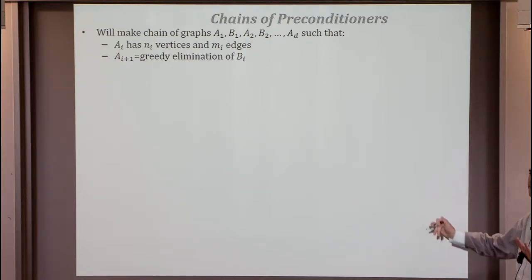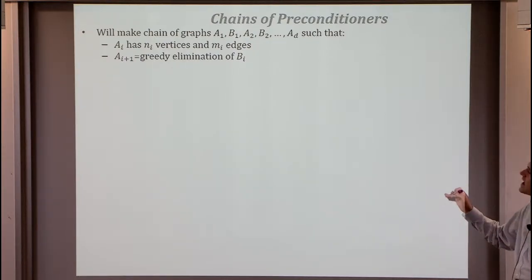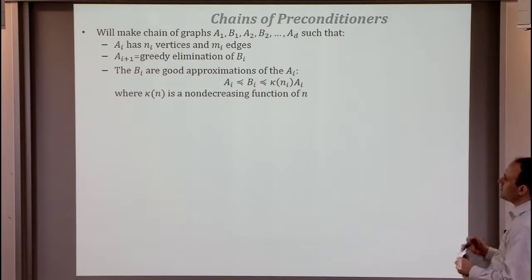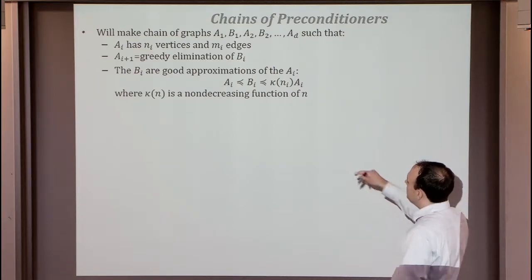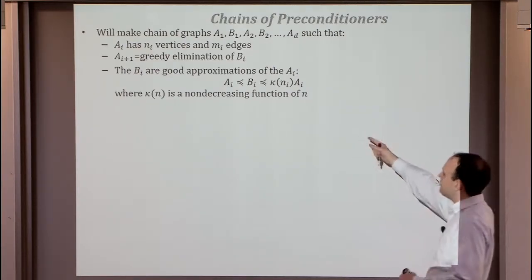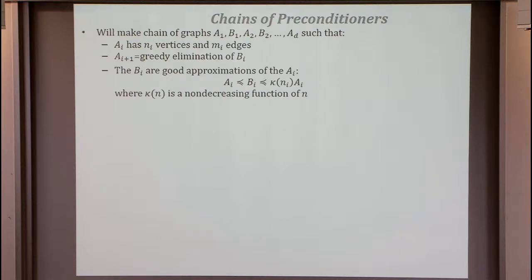So Bi is going to be something that's tree plus small number of edges, and Ai plus 1 is going to be the thing you get by collapsing paths and leaves. And then the Bi's are going to be a sparsification thing using the incremental sparsifiers I'll describe shortly. So the Bi's are good approximations of the Ai's with some parameter kappa that we hope to make small.